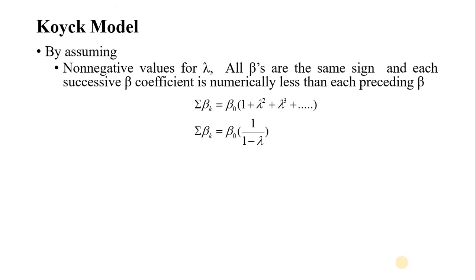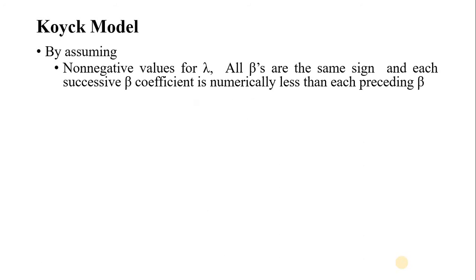Sum of the beta k means what? Beta 0, beta 1, beta 2, beta 3, beta 4, beta 5 up to beta k, the sigma beta k. So this will be equal to your immediate effect, that is beta 0, plus lambdas. For the first value, lambda is not there.